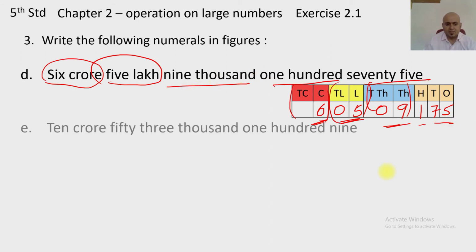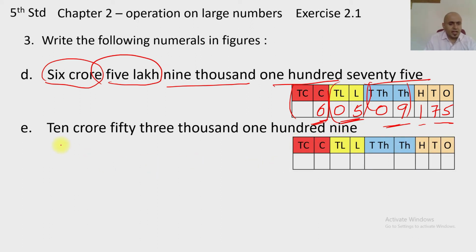Next number: 10 crore 53,109. So let us fill in the table. The given 10 crore, we have to write in 10 crore place. 10 crore 53,000. So 53,000. You can't write 53 in lakhs place. You have to write it in thousands place. It is 53 in thousands place.